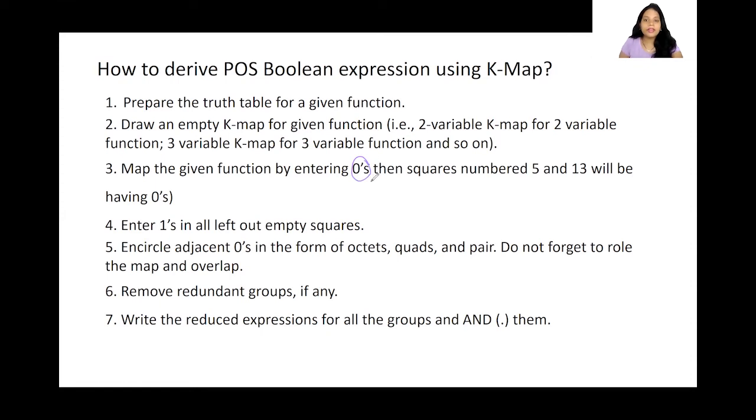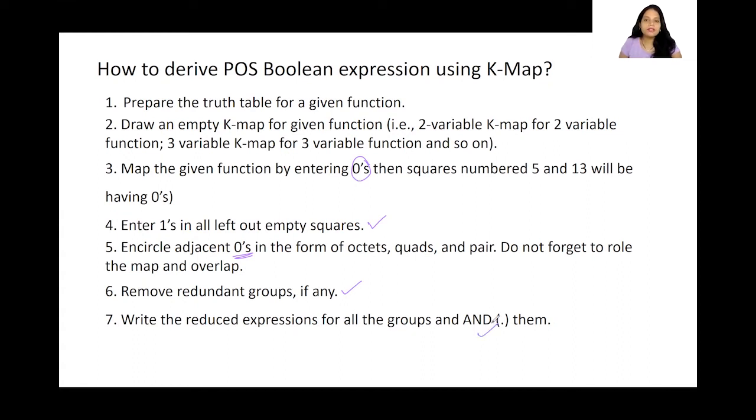So here we are entering zeros, not the ones. Then enter ones in all the left out empty squares. Wherever there is no zero, we fill them with ones, and then we encircle the zeros here. Then remove the redundant groups. These are similar steps. Write the reduced expression and then AND them.